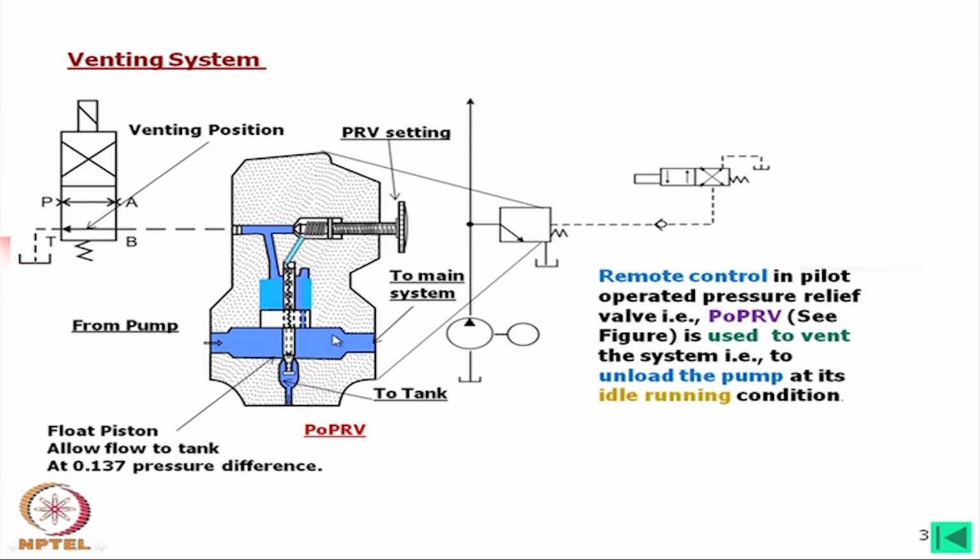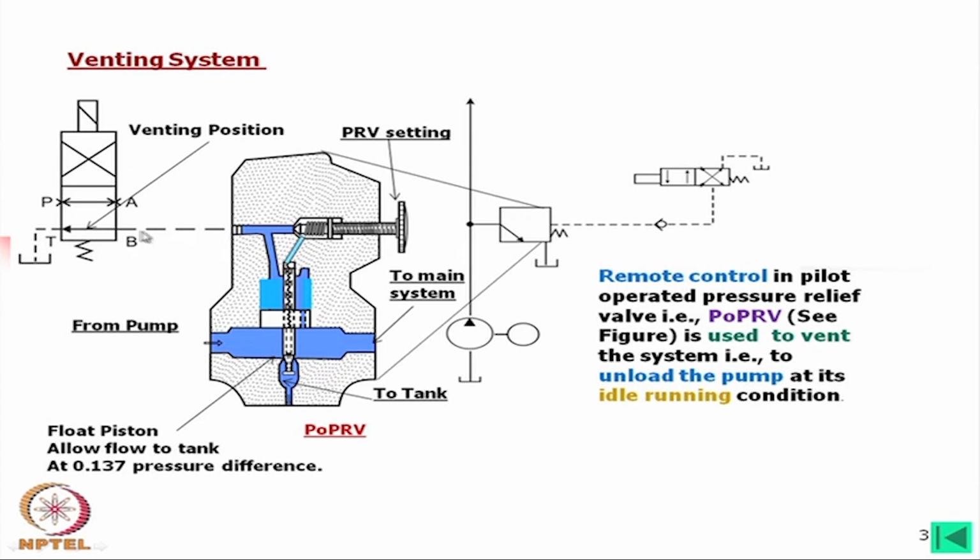Okay. Now, with that, how are we doing the venting? When we want venting, a remote control actuates this one, and then this opens. So, the venting position opens. Now, the venting position opening means the oil starts flowing there, but this is not open.